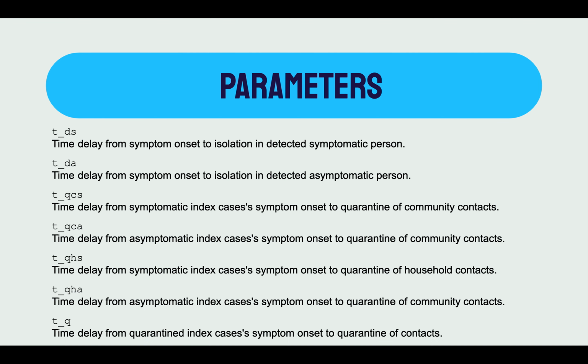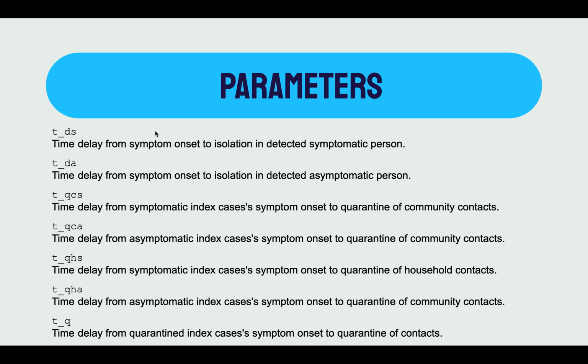Then we have a whole bunch of time parameters. If you recall, when we were doing our infect matrix, we were using this integral from -infinity to some t, or some time from symptom onset to isolation. We allow for these to be flexible depending on whether the person is symptomatic, and also whether the contact is a community contact or a household contact.